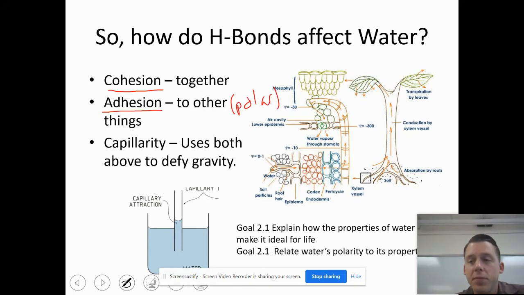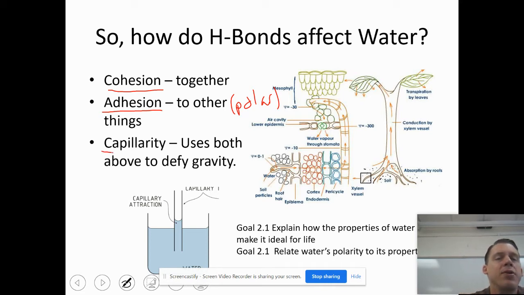Water is not going to stick to stuff that's non-polar, oil, fat, those things water doesn't stick to very well. So cohesion, I like to think of cooperating. The water is together, holding hands, stuck together. Adhesion, like an adhesive, water is sticking to other things.